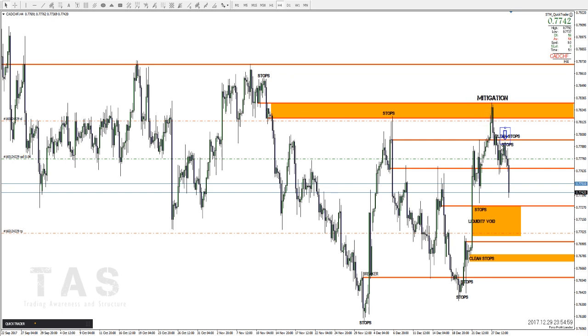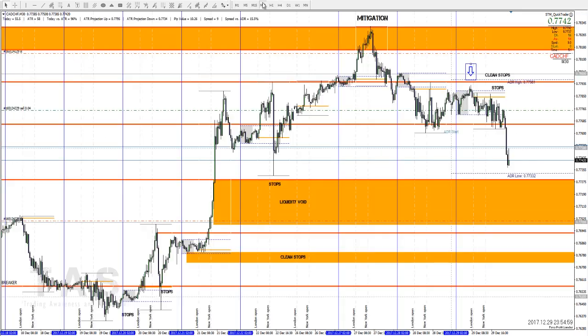But this one I didn't enter there. Let's see. I didn't enter here. I entered there on this retracement. Oops, that's not a fib.